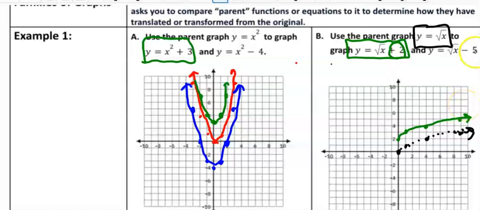What's the next one? What are we doing to the next one? Down 5. So from the parent function, I go down 1, 2, 3, 4, 5. That point, 1, 2, 3, 4, 5. That point right there, 1, 2, 3, 4, 5.